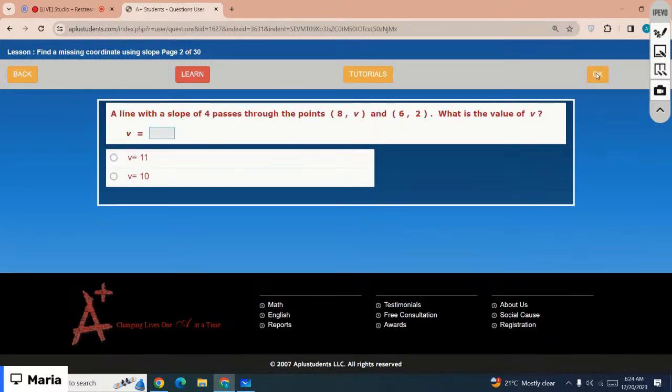Okay, the next one is a line with a slope of 4 passes through the points 8, v and 6, 2. What is the value of v? You need to calculate the value in your notebook and just tell me the answer. So, which is the correct option? Which is the correct option?